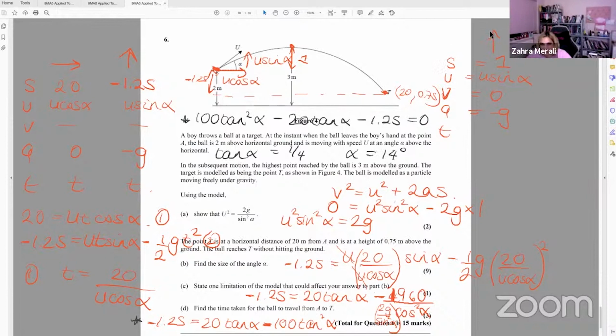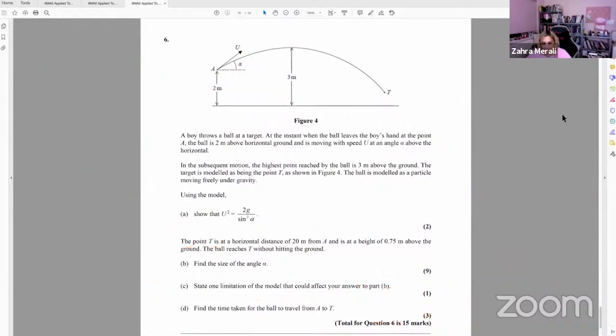I'm going to clear all of this, but use the values that we had. If I want to find the time, I first need to find my u, because then I can use 20 equals ut cos alpha.